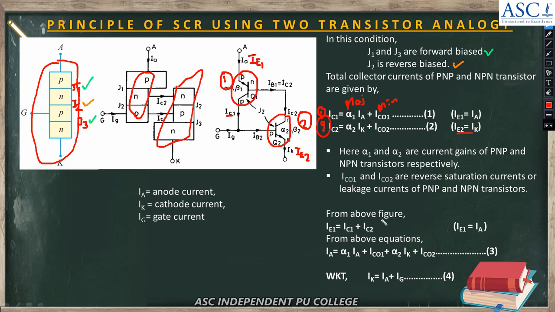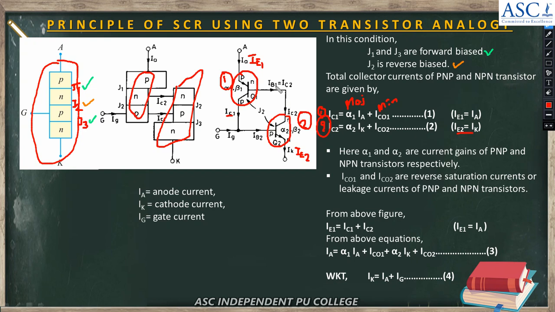Now from this figure, IE1 is IC plus IB. So IE1 equal to IC1 plus IB1, where IB1 is nothing but IC2, the same current that flows through collector terminal of NPN transistor.